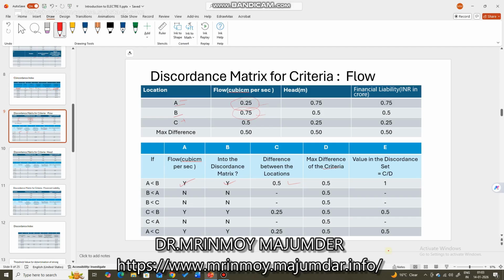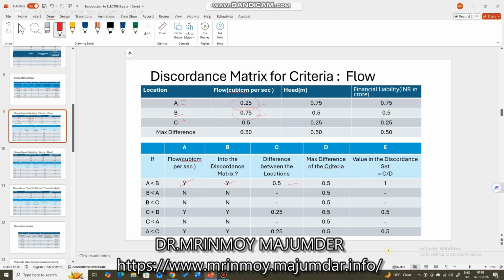So for each of the criteria, you just calculate the maximum difference in the criteria also. And ultimately we have to divide the difference between the locations value by the maximum difference within the criteria value.